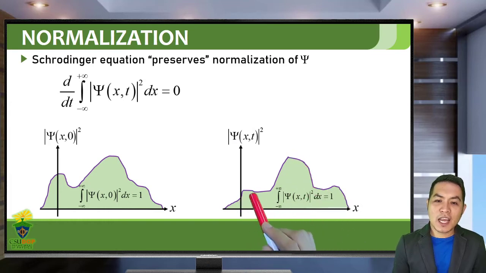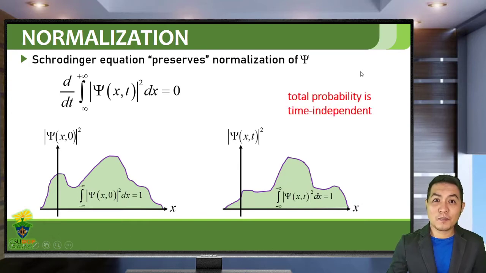But the total area under the curve, the integral of the absolute value of psi squared dx, must always be equal to 1, which means at a later time, the maximum probability is still 100%.